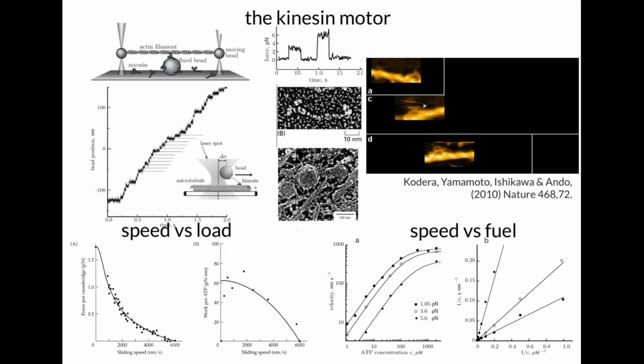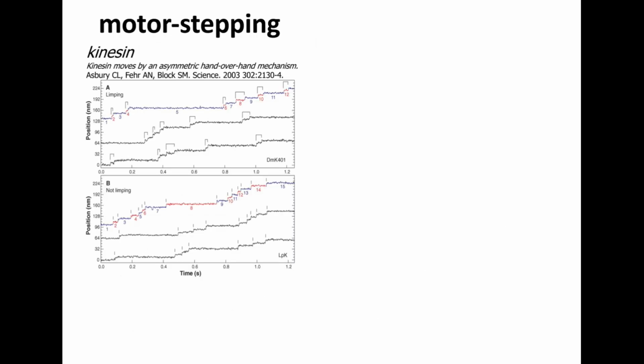Now, this stepping motion is not a single observation just for kinesin. There have been even more sophisticated experiments done on kinesin, where people even have identified substeps of the motion, which refer to changes in binding of, for example, the second foot to the microtubule.